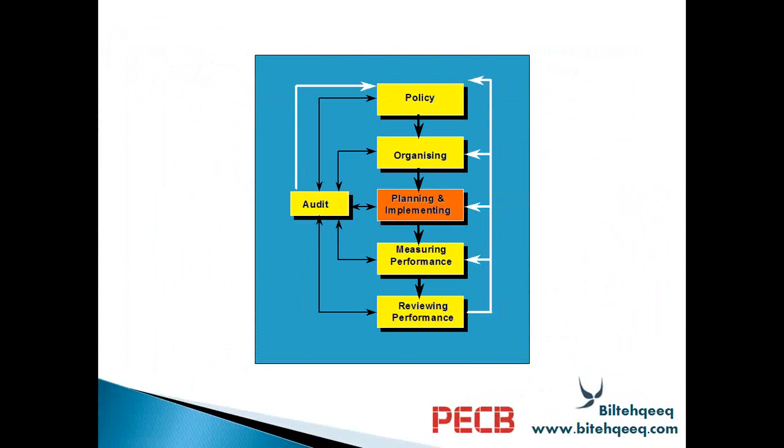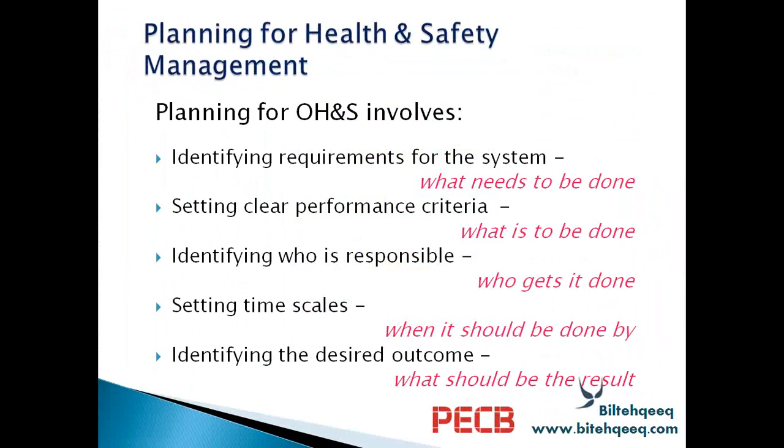So this is the same slide, and now we can see another element. This is the planning for health and safety management. Planning for health and safety management involves identifying the requirements for the system, what needs to be done, setting clear performance criteria, what is to be done, identifying who is responsible, who gets it done, setting time scales, when it should be done, and identifying the desired outcome, what should be the results.